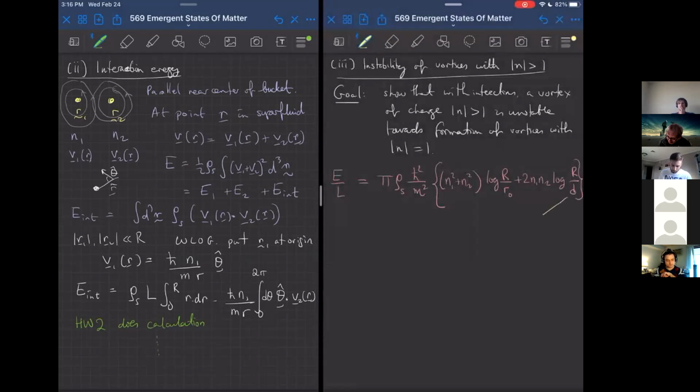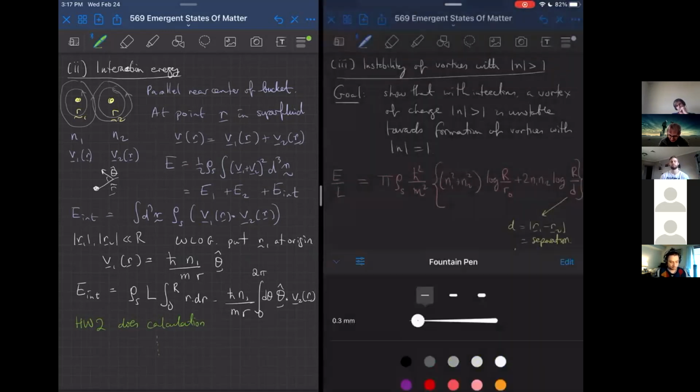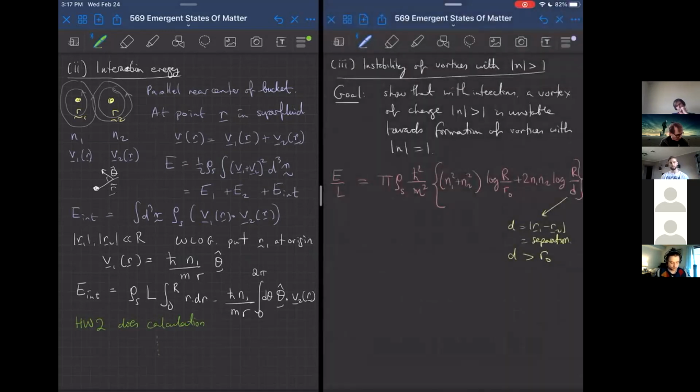So that's the distance between the centers. And that d, of course, must be greater than the vortex core size.